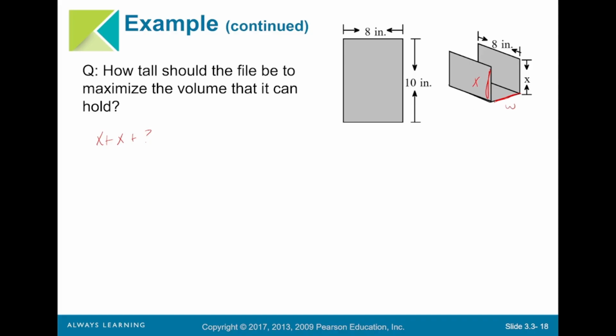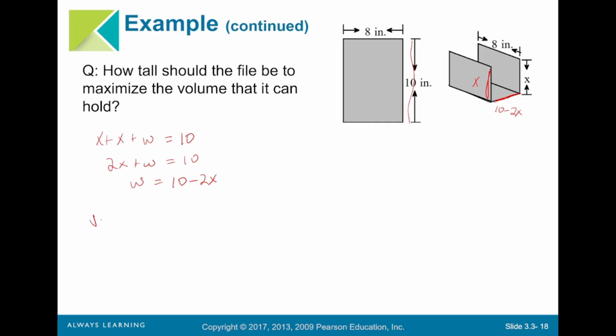Let's call it width rather than using a question mark. That equals 10, right? Those three things need to add to the original length of the paper, 10. So now we know 2x plus the width equals 10, which means the width is 10 minus 2x. So right along here we have 10 minus 2x.